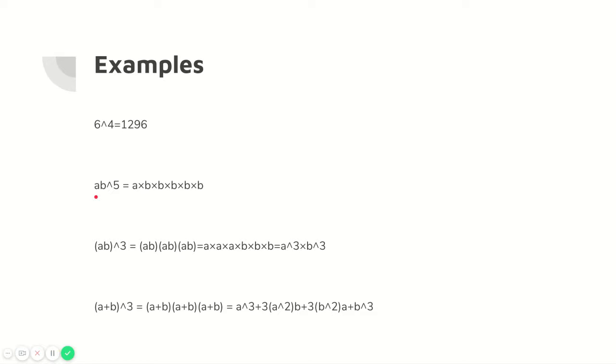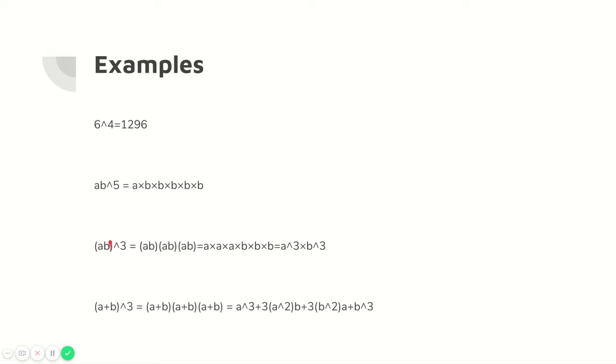So here we're going to have a and b to the power of 5. And it's important to note that since we have two types of actions going on here, we have multiplication between a and b. But firstly, we have b to the exponent of 5. So since this comes first, we have a times b times b times b times b times b. And here is when the BEDMAS rules are really important.